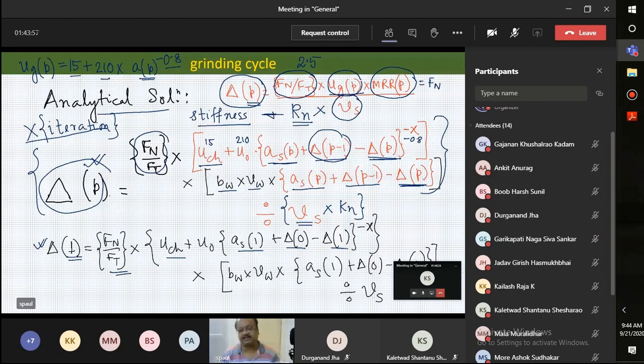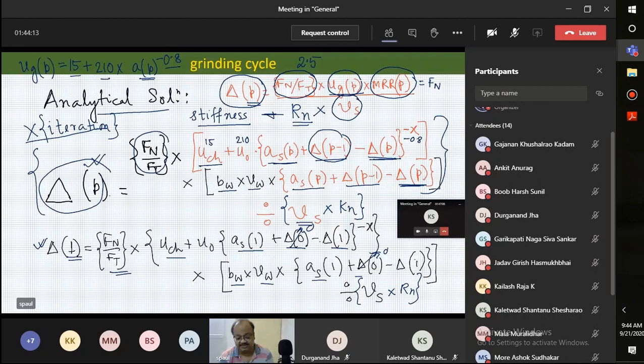And if you are doing the analytical solution, then iterative solutions need not be done. So I have shown 3 techniques to solve grinding cycle problems. Let me summarize. The first technique is the tabular form. In tabular form, there is an assumption. That assumption is not correct, but still we have used it just to give you the initial demonstration of the cycle.